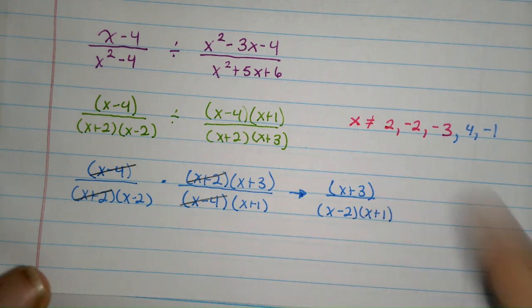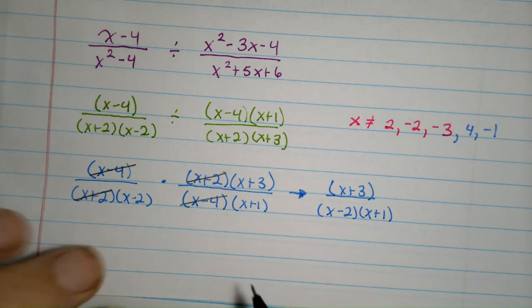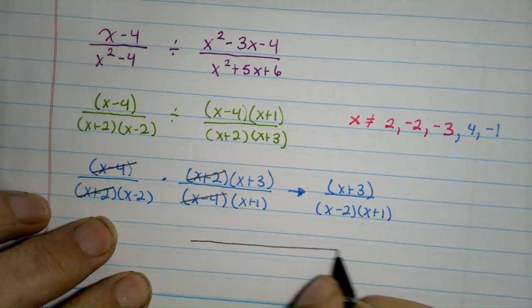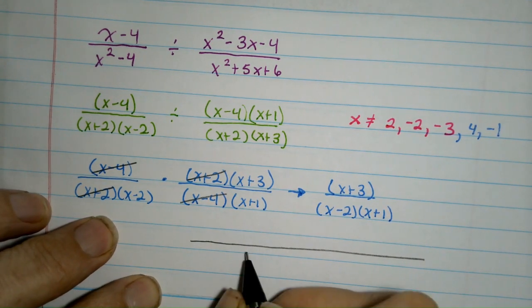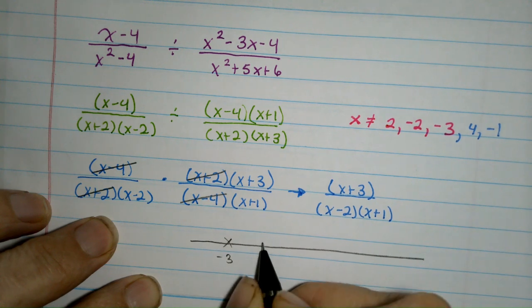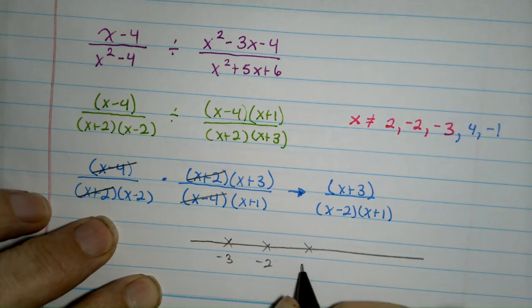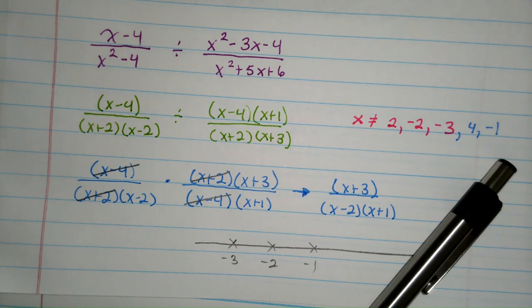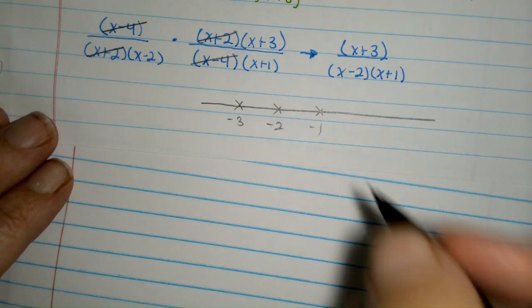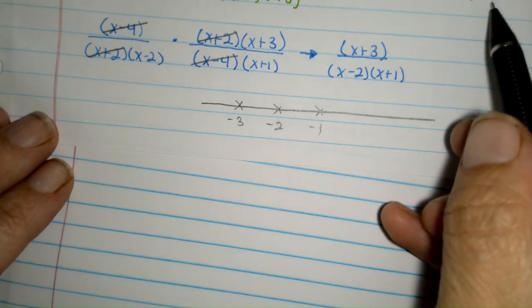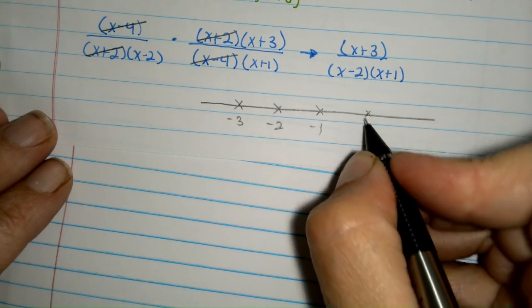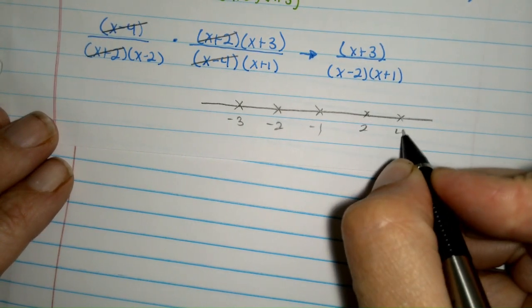So again, if you really want to write the domain, just to highlight the idea behind the domain, we have to kick out negative 3, negative 2, we also have to kick out 2, and we have to kick out 4.